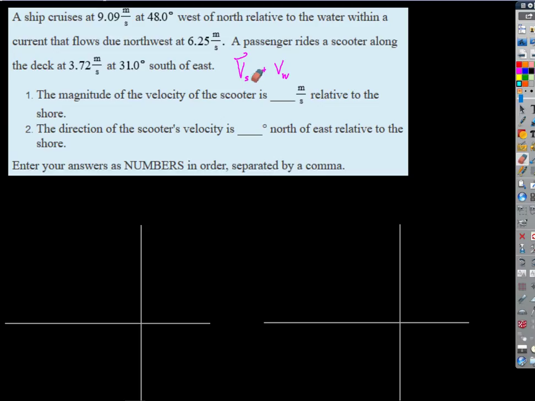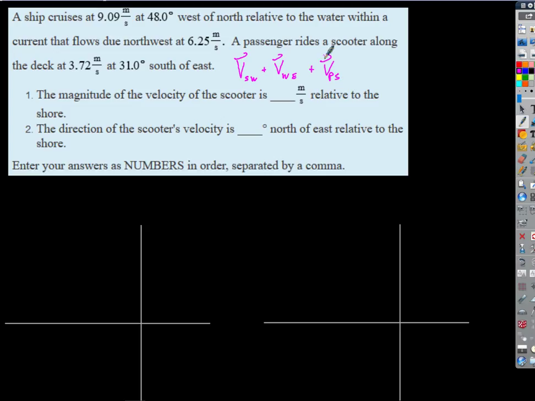That first one, velocity of the ship relative to the water. Next one is the velocity of the water relative to the earth. And then the last one is what? The velocity of the passenger relative to the ship, right?